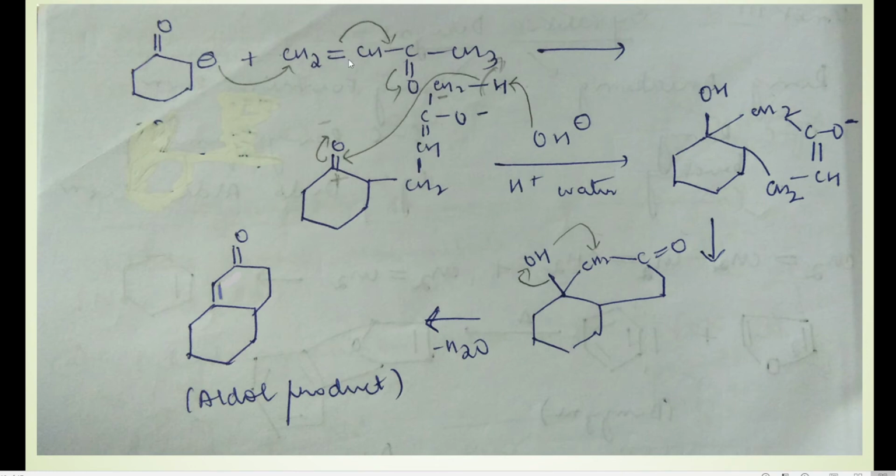Initially it was a double bond, now it is a single bond because it has shifted between carbon number 2 and 3. So CH2 single bond CH double bond, that is a new bond that is formed, CO minus bond CH. It was actually CH3, we are writing it as CH2H.